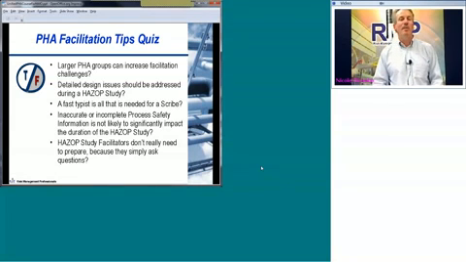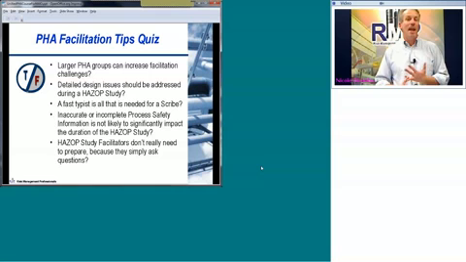Usually a newer process engineer is a good choice for a scribe. They can pick up on what the team's saying, capture it properly, and it's a really good match for keeping that team moving. All right, can inaccurate or incomplete process safety information significantly impact the duration of the HAZOP study? Absolutely. So it's false that it's not likely to significantly impact the duration of the HAZOP study.